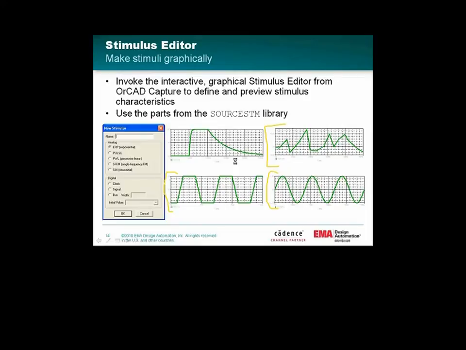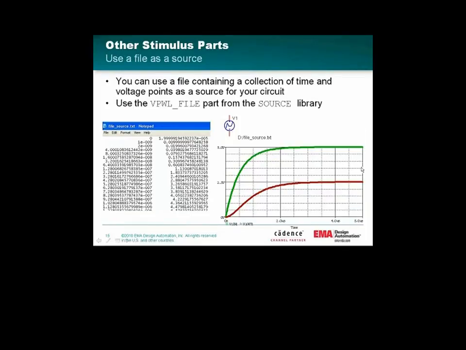So what you can do is use a text file as a source. Here I have a text file with my time and my voltage points. There's my time and there's my voltage. And I can see at 0 it's that, at this it's that. And these are essentially X, Y points on my graph that I'm going to use to drive my circuit.